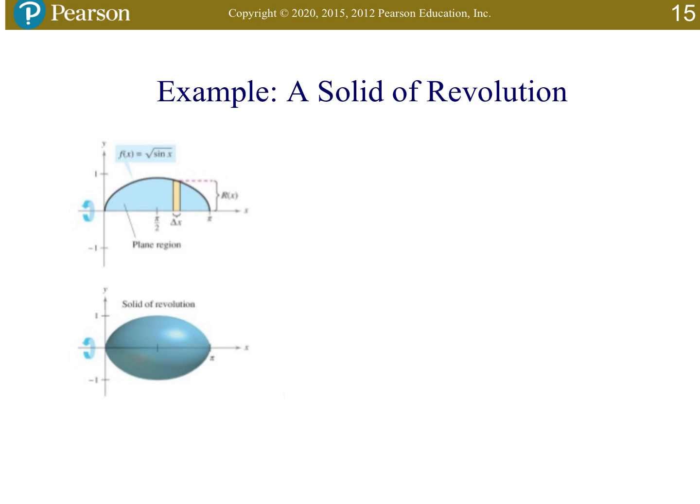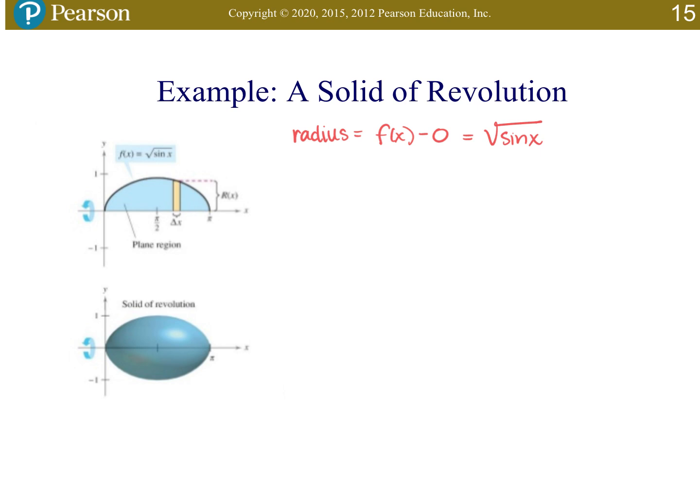The outer edge of this one is being formed by the function that is the square root of sine of x. It's not actual sine of x, it's the square root of sine of x. So the radius of this is f of x minus 0, which in this case is the square root of sine of x.